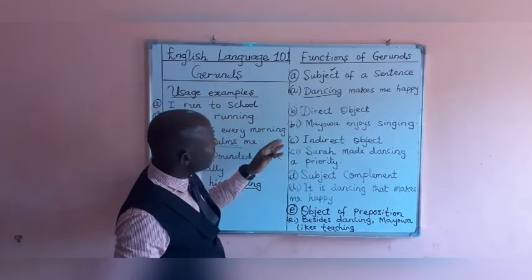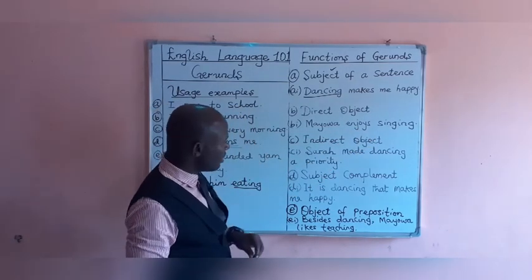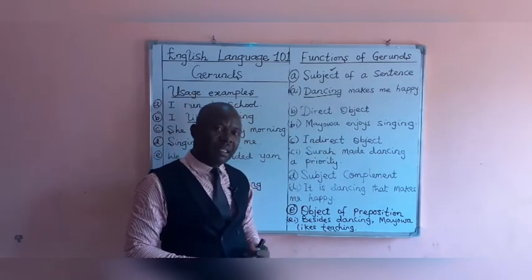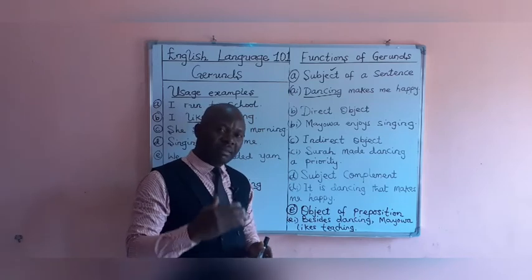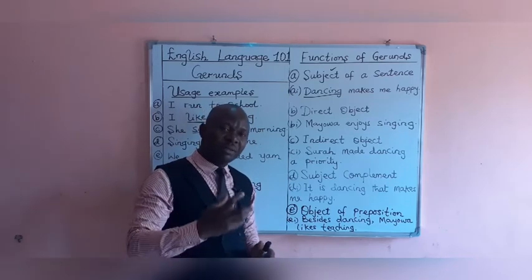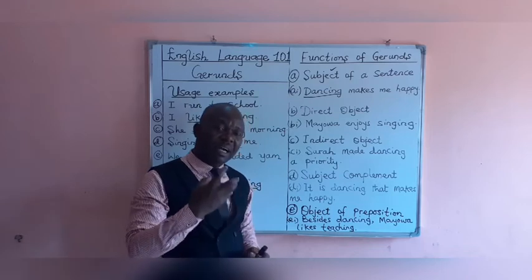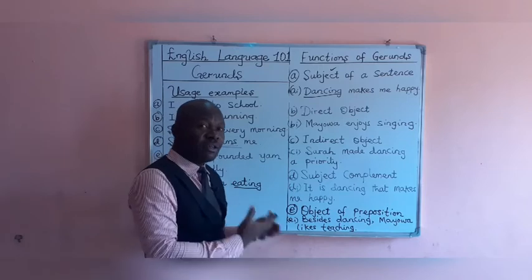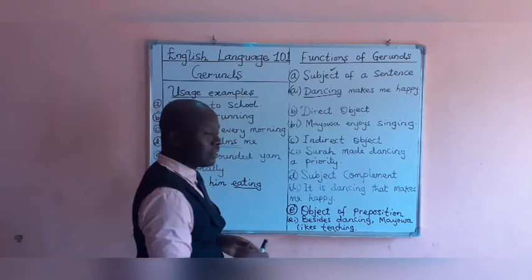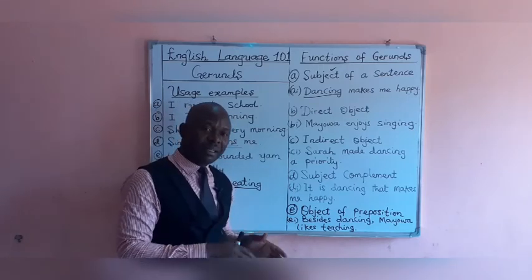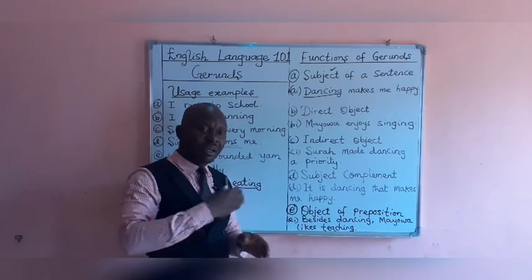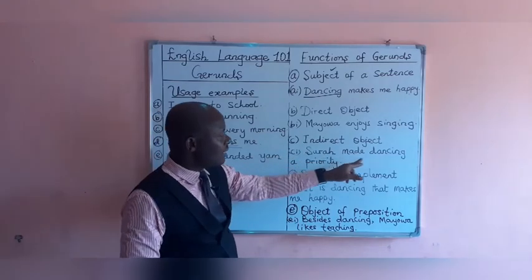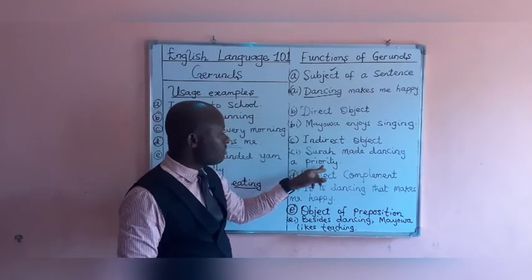The third function of gerunds is indirect object. An indirect object is a thing or person that feels the effect of the action secondhand. It doesn't affect the thing directly, it affects it secondhand. Let's look at the example here.